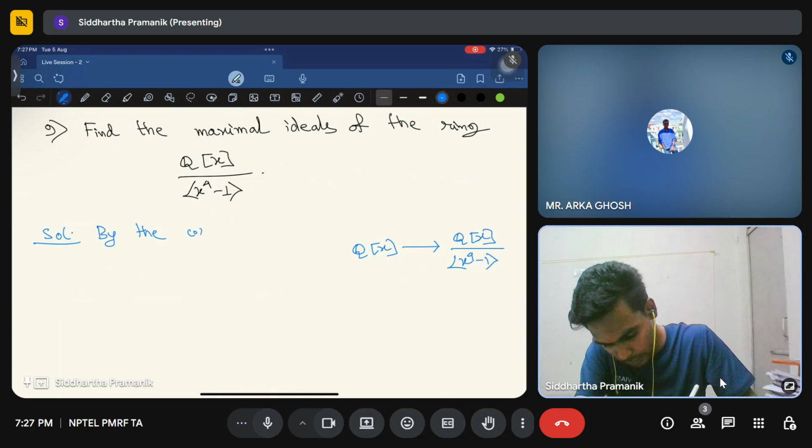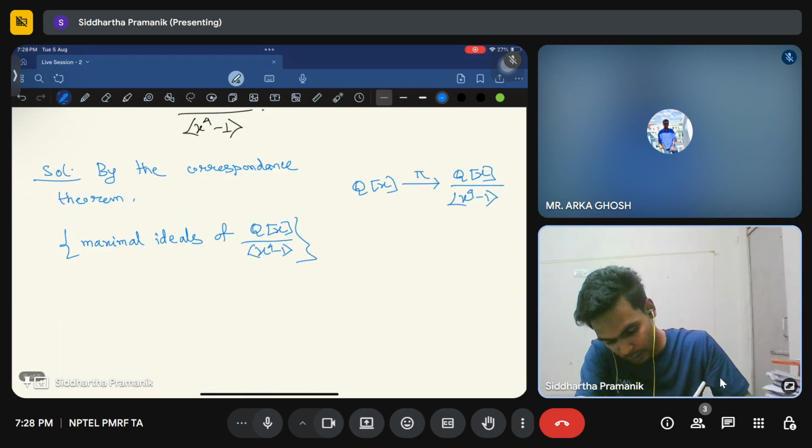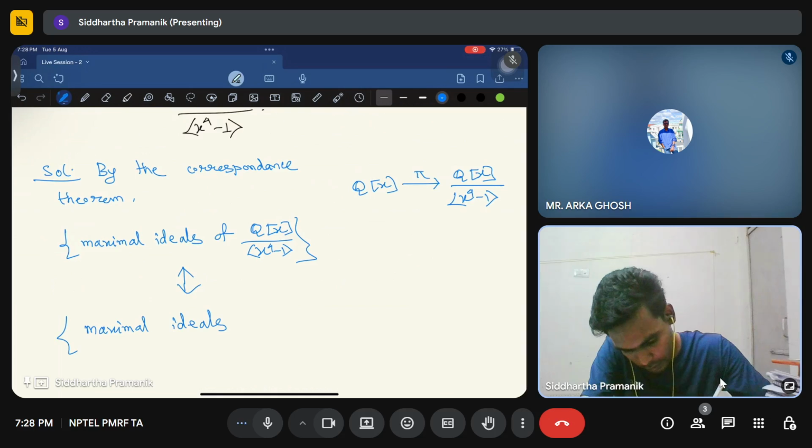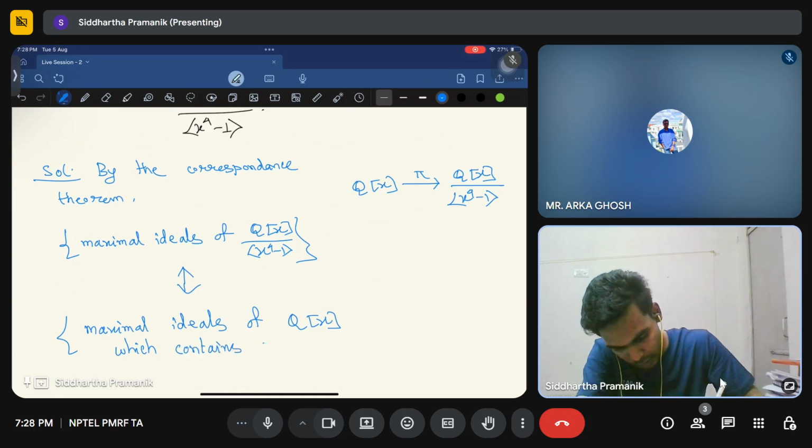By the correspondence theorem, if we take the set of all maximal ideals of Q[x] mod x power 4 minus 1, then this set is in one-to-one correspondence with the maximal ideals of just Q[x] which contain x power 4 minus 1.